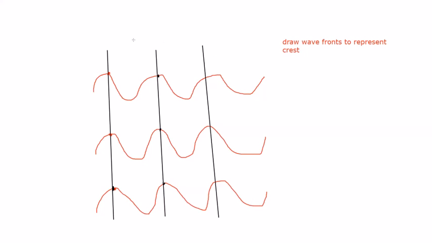So what is the distance between two successive wave fronts? What is this distance called? The distance between two successive wave fronts is known as the wavelength.